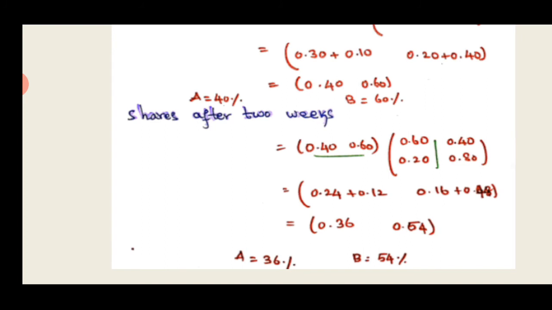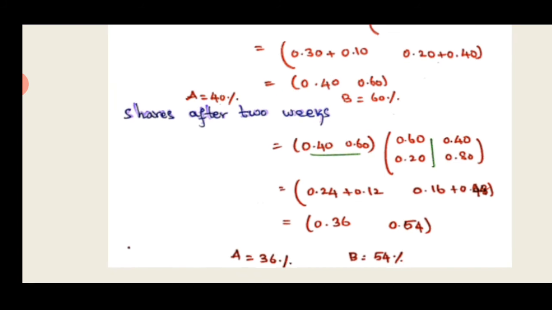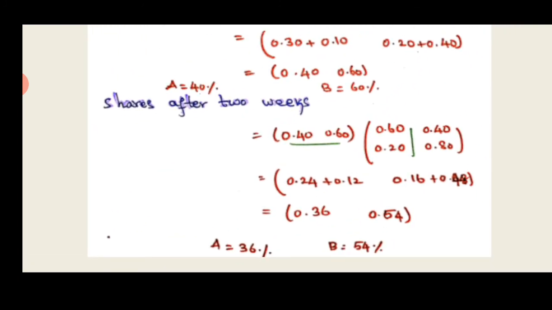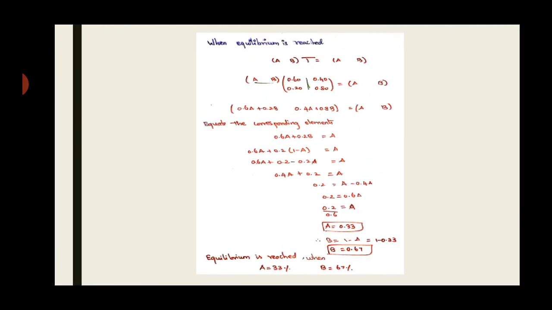So I get the answer 0.36 and 0.54. That means A equals 36% and B equals 54% after 2 weeks.